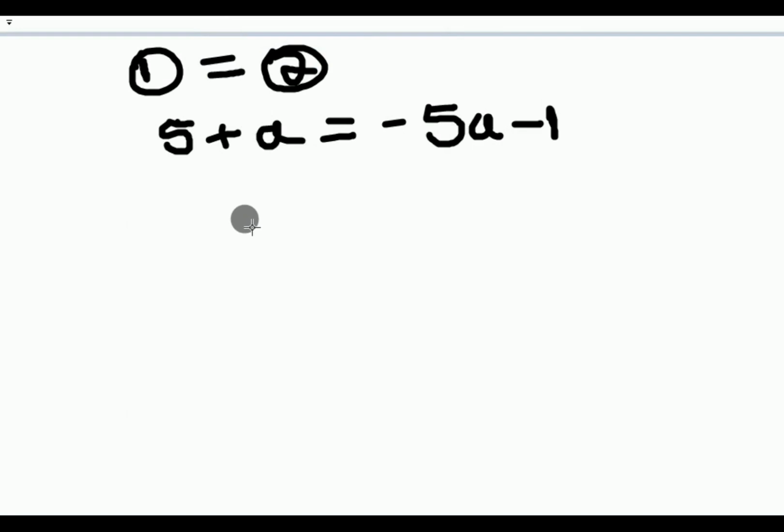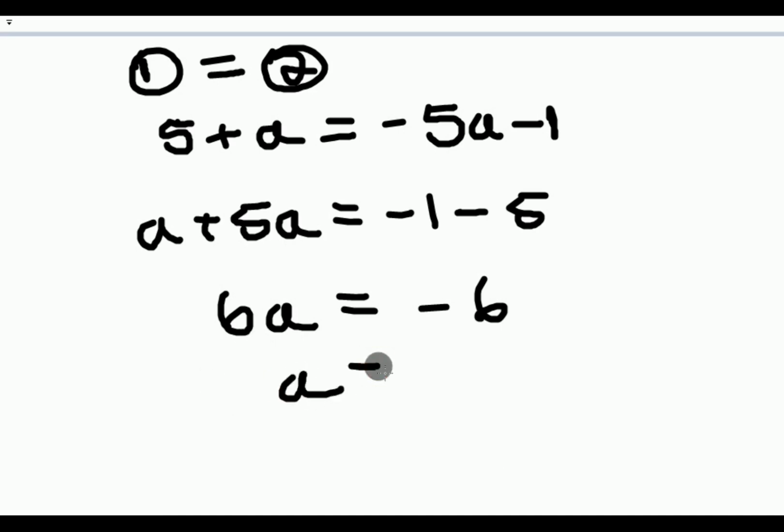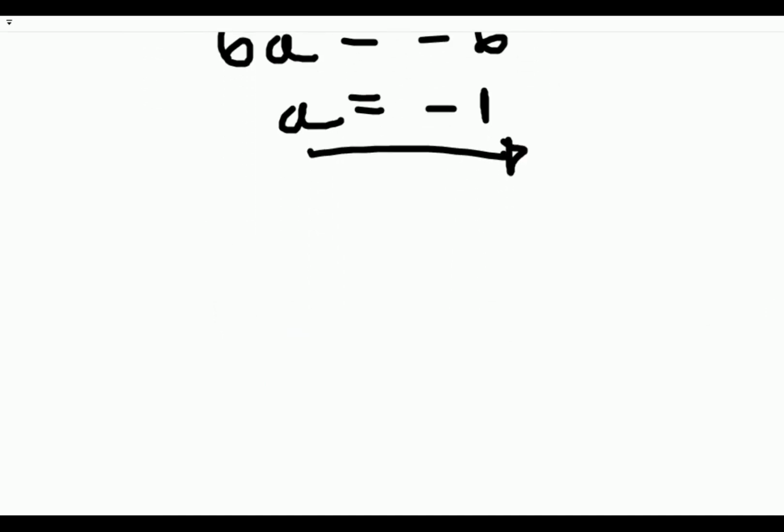So it's going to be a plus 5a is equal to minus 1 minus 5, which is going to give us that 6a is equal to minus 6, which means that our a is equal to minus 1. So from here we have found the value of a.